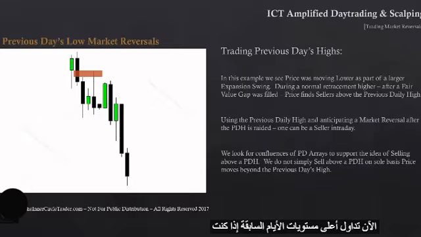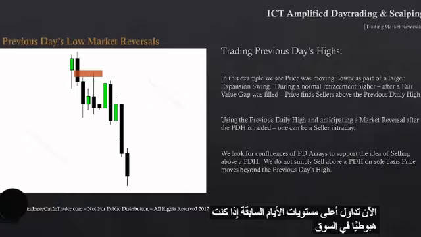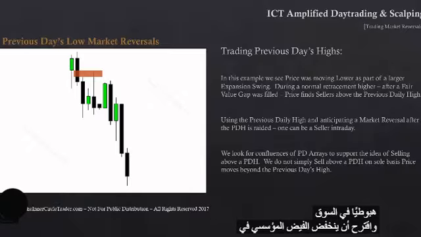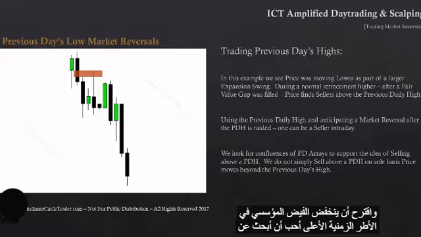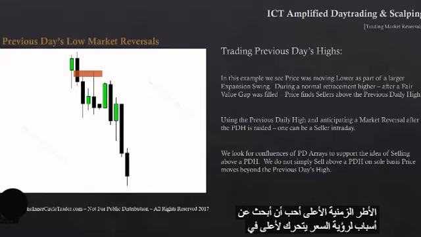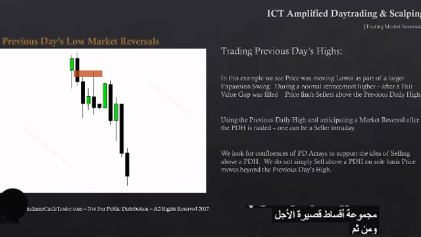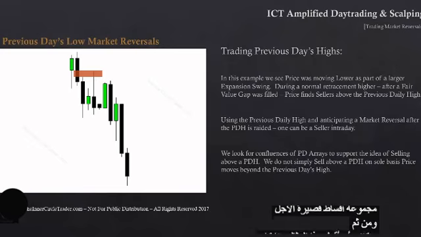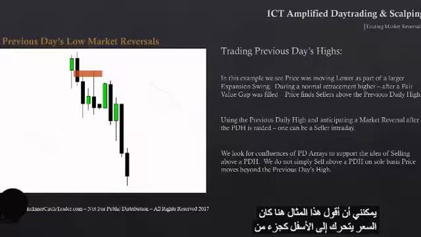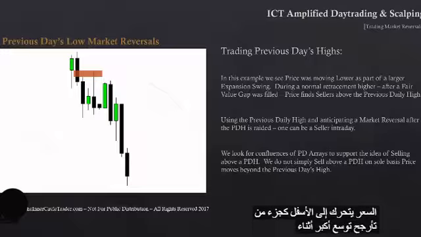Now, trading previous day's highs, if I'm bearish on the market and institutional order flow suggests going lower in the higher time frames, I like to look for reasons to see price move up into a short-term premium array. Like we see in this example, price was moving lower as part of a larger expansion swing.